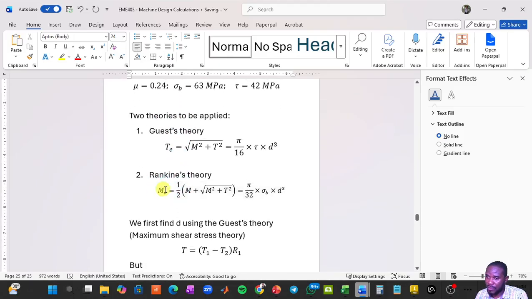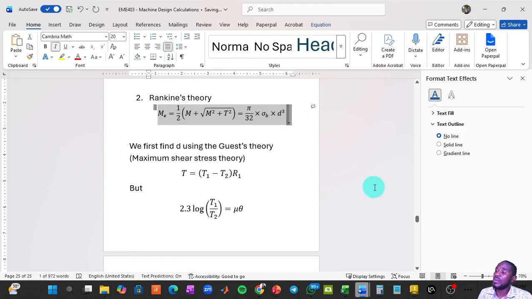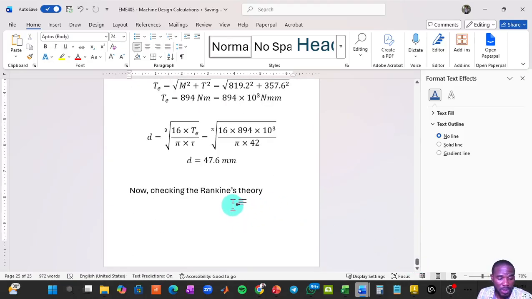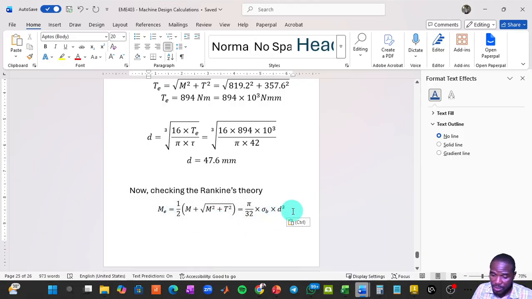This guy here, and the equivalent bending moment is given by all of that expression. Now let's check. We have everything. This guy here is TE actually. That is M. And so we can easily find ME.